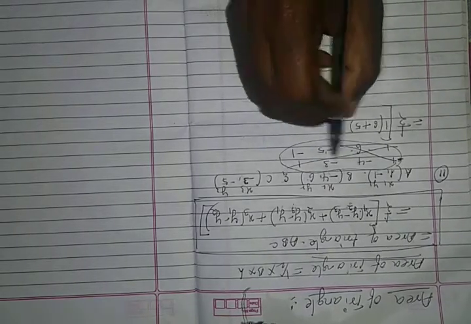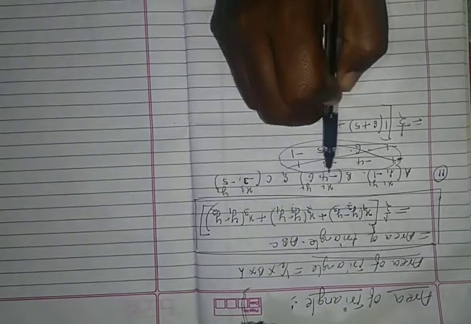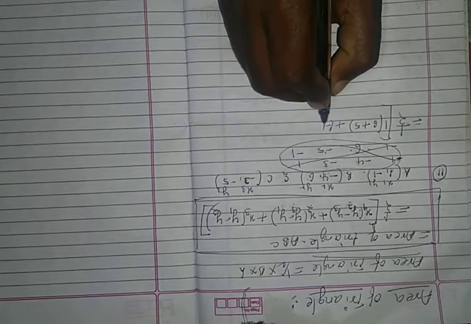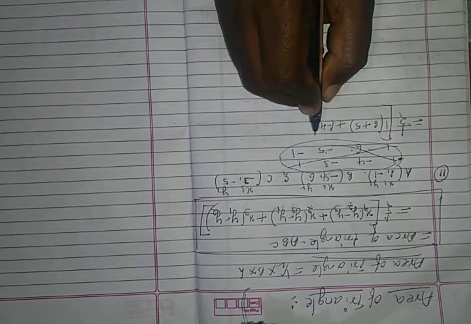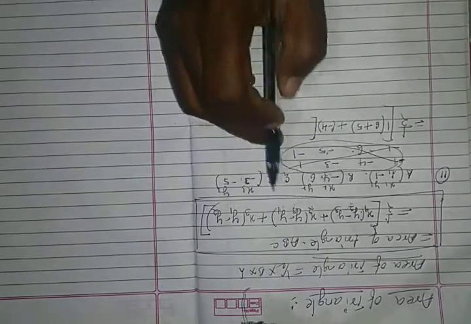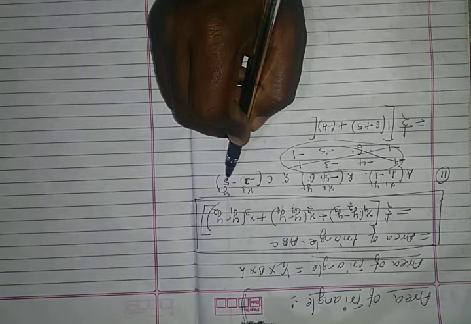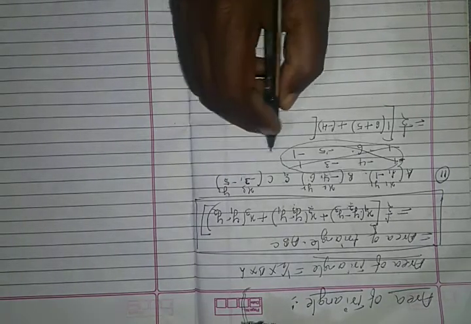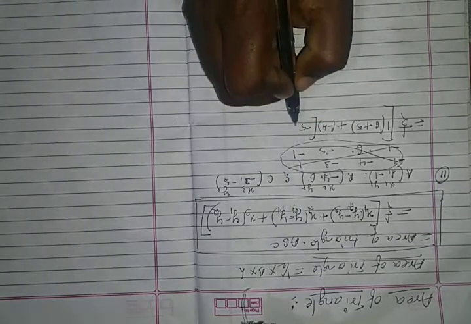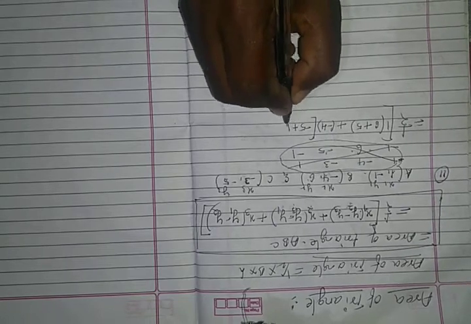Then plus x2, which is minus 4, into y3 minus y1. What is y3? Here y3 is minus 5, minus y1. y1 is minus 1, so minus into minus is plus 1.